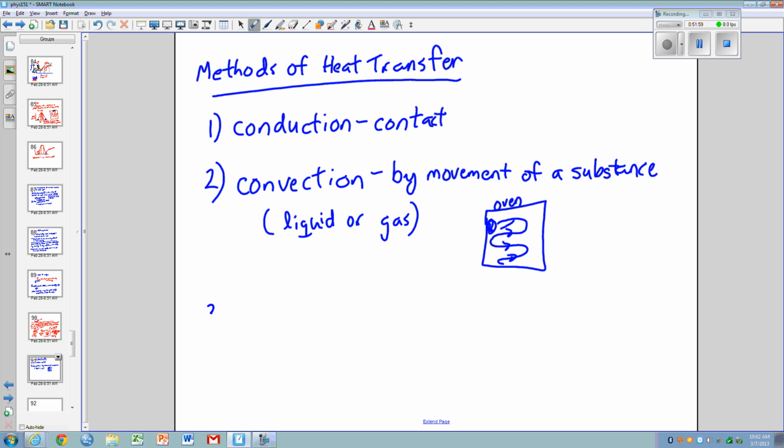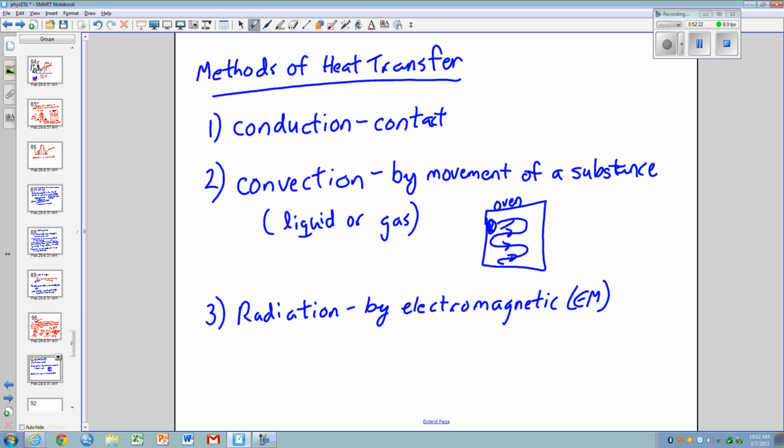And then the third method is by radiation. This is like going out in the sun and you feel the warmth of the sun on your skin. This is by electromagnetic radiation, or just EM for short if you want, which is either absorbed or emitted.